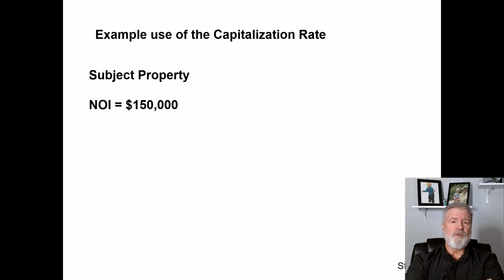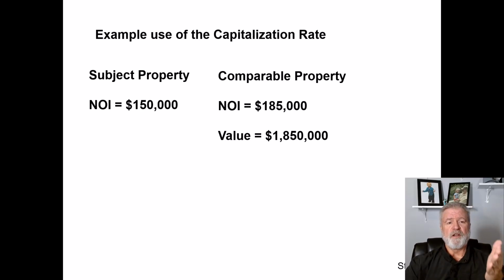Well, the way you would do that is very similar to the sales comparison approach. Now I need to find a similar, comparable property that has recently sold in this area. And let's say I find a comparable property, and once a property is sold, this information becomes public information.